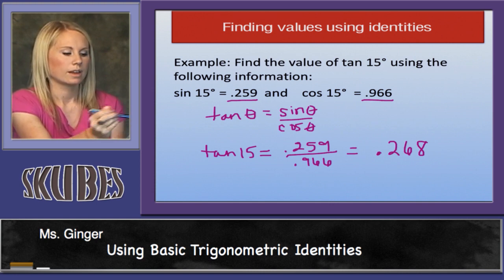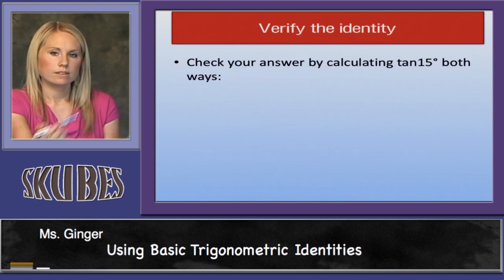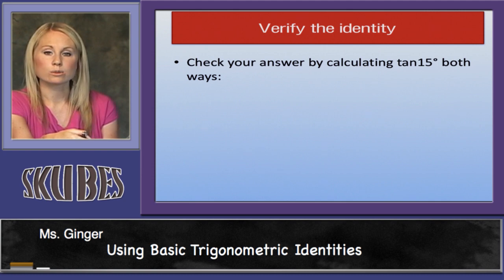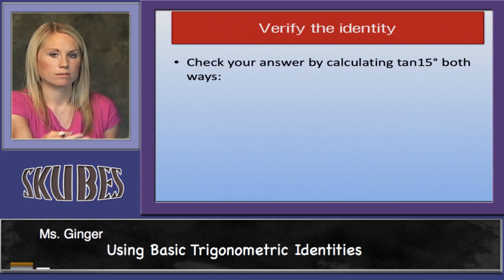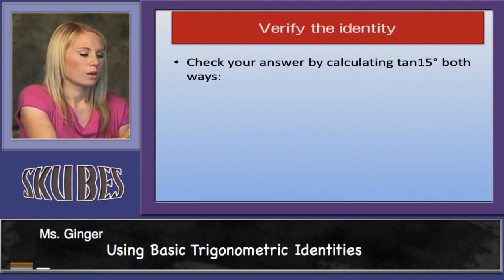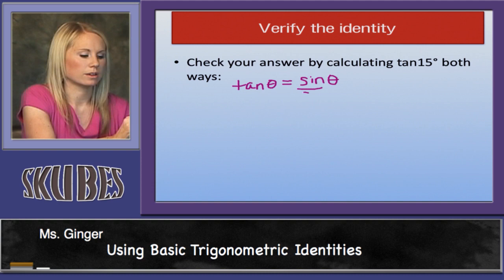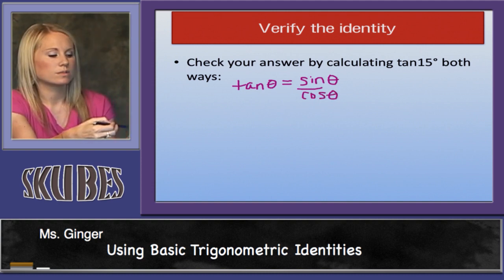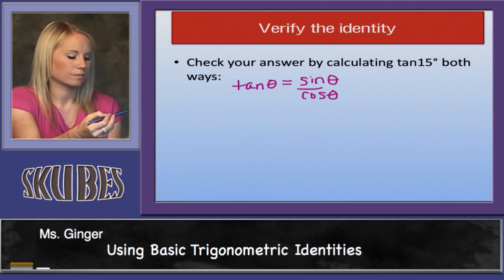Now, let's verify that this identity holds true by calculating both ways, to make sure that both sides of the statement are equal. We said that the tan of an angle should always be equal to the sine of that angle divided by the cosine of that angle, and we just found the tan of 15 using this.